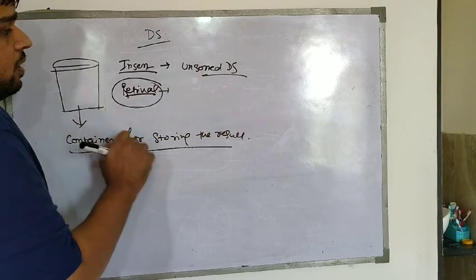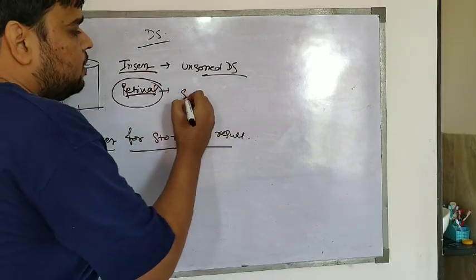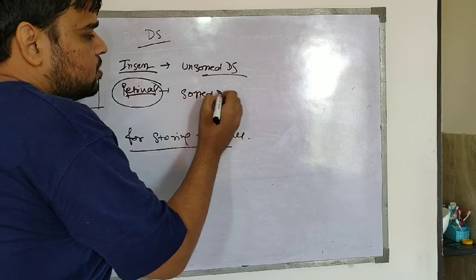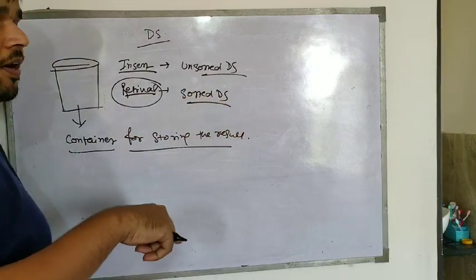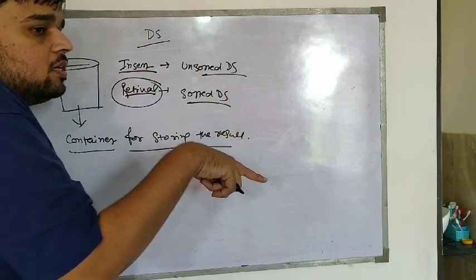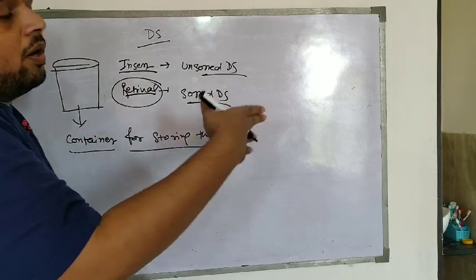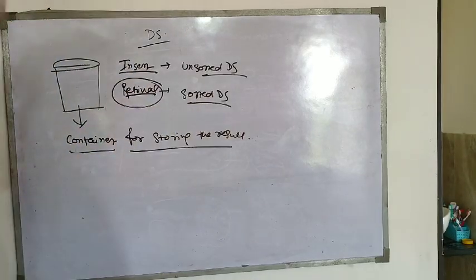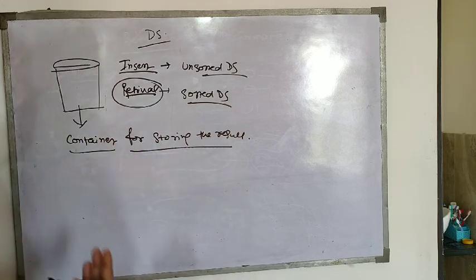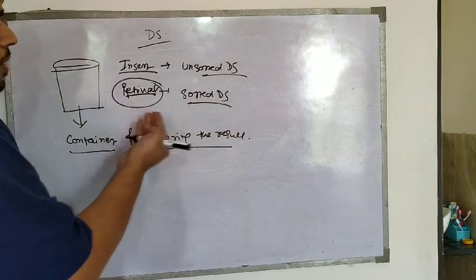But if you want fast retrieval, you need to store your elements in a sorted data structure. Then retrieval will be fast, but insertion will be slow because whenever you insert an element you need to maintain the order. So according to your requirement, you need to choose your algorithms, and also your data structure.